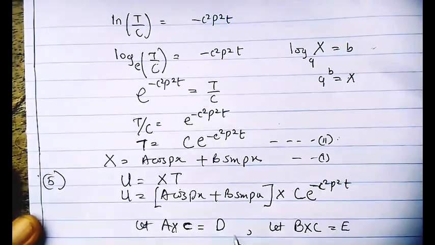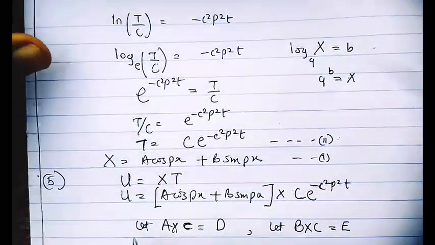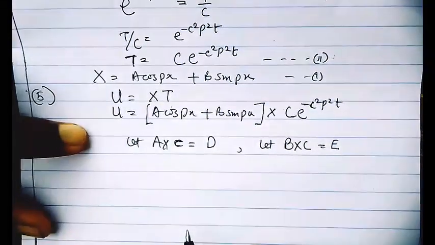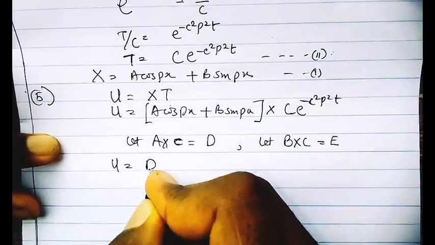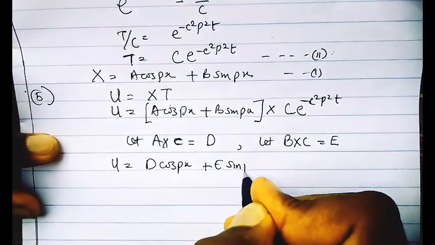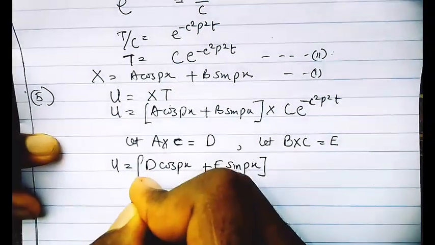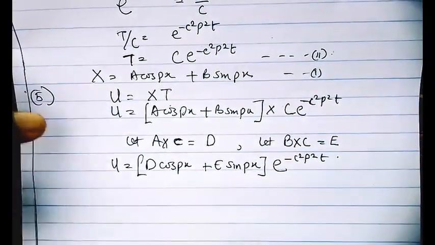So I replace them with d and e. So I can write my solution u to be equal to d cos px plus e sine px, close bracket, exponential minus c squared p squared t.